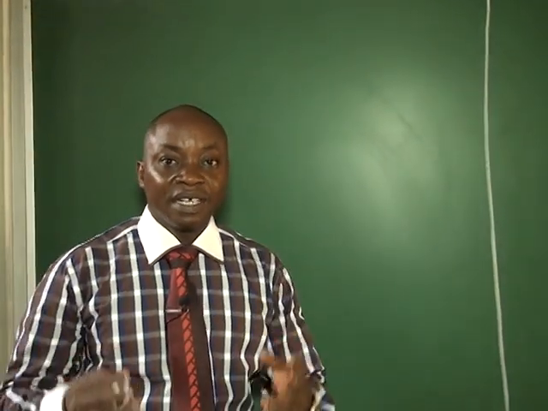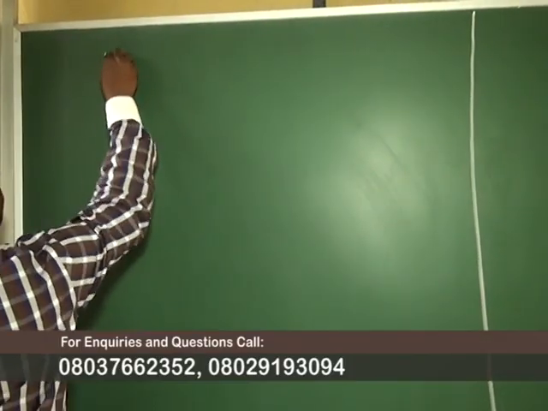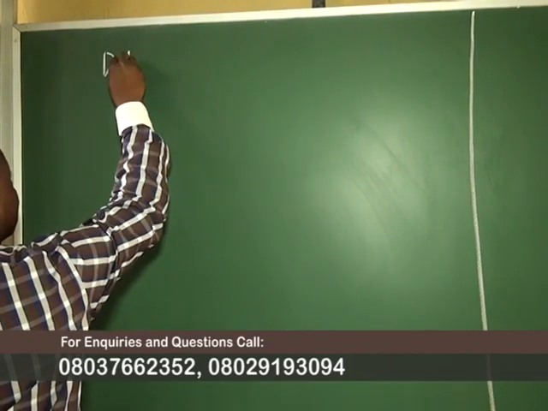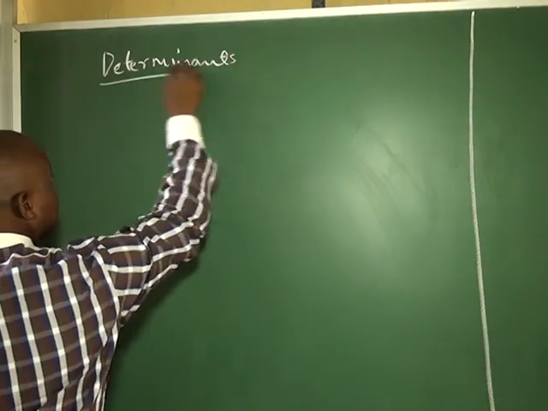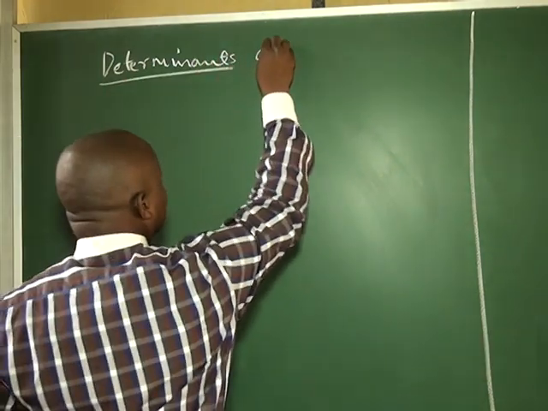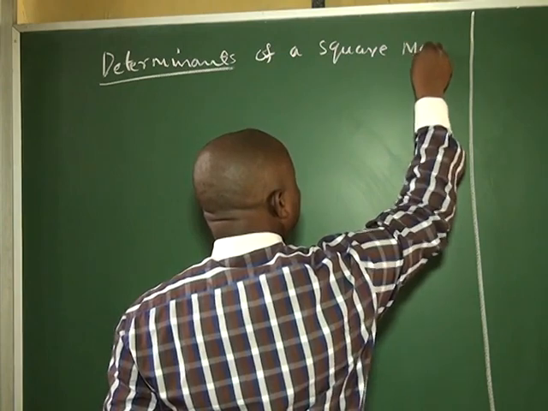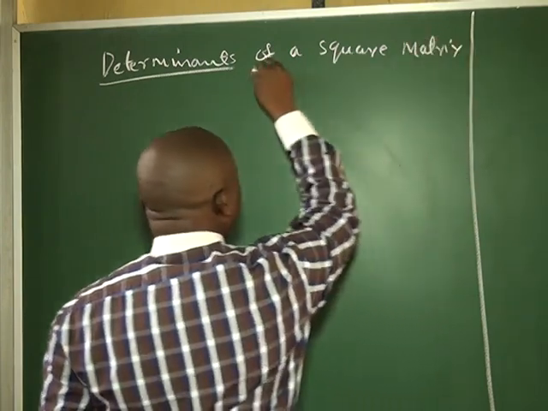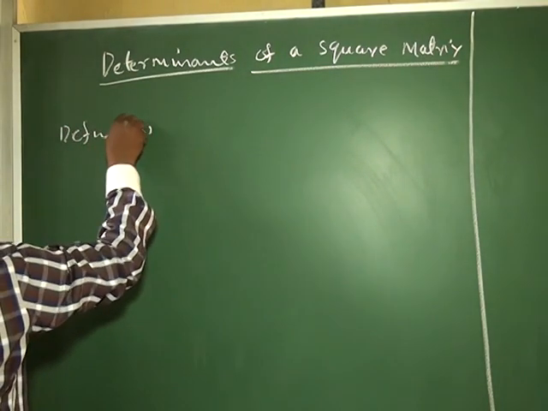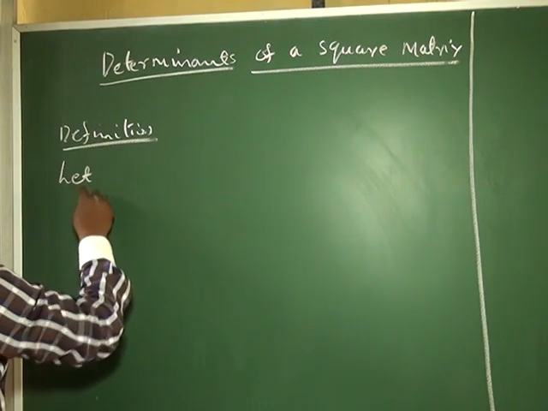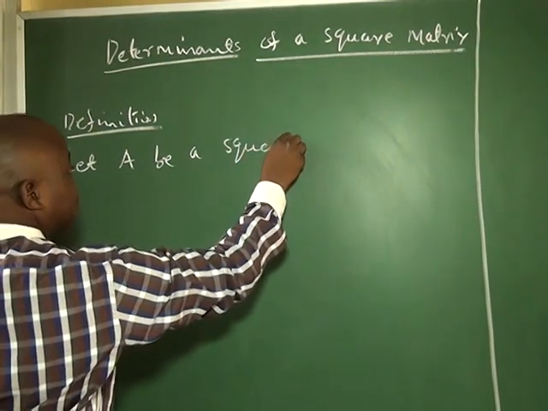Before we start, let's look at the definition of determinants. Let A be a square matrix.